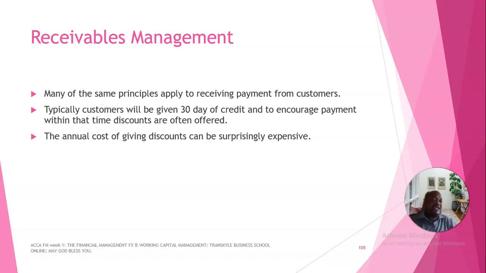Typically, customers will be given 30 days of credit, and to encourage payment within that time, discounts are often offered. The annual cost of giving discounts can be surprisingly expensive.